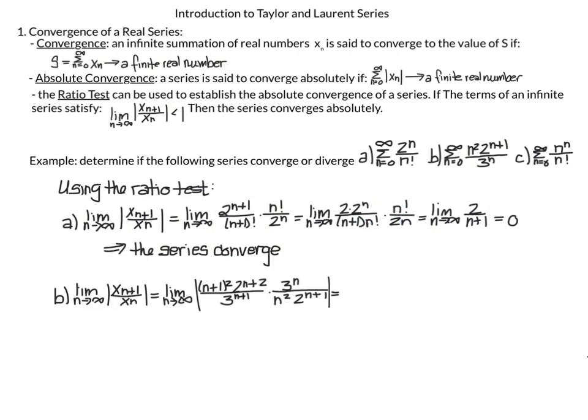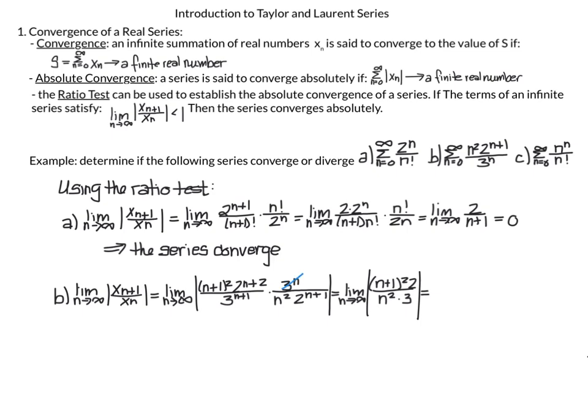For my next example, I'm going to plug in x of n plus 1. So over here in example B, I have n plus 1 squared, and 2 to the n plus 1 plus 1, so that's 2 raised to the n plus 2, over 3 to the n plus 1. Then I divide, so I'm just going to multiply by the reciprocal, my 3 to the n over n squared 2 to the n plus 1. Now again, some algebra.